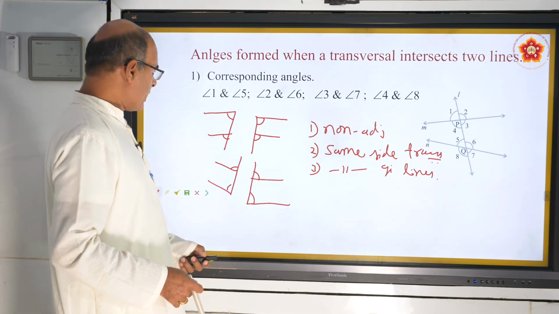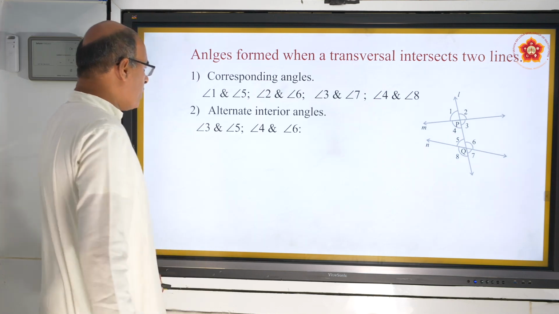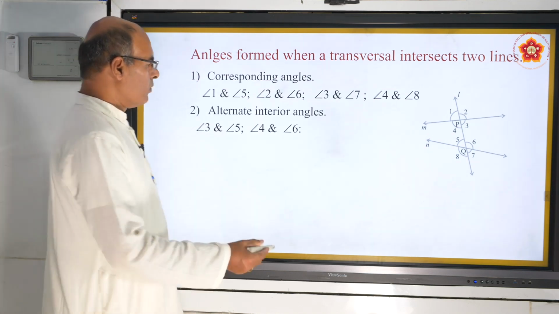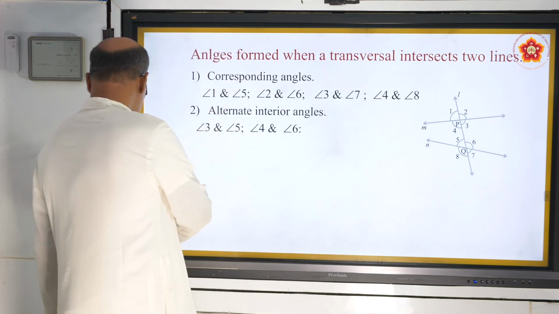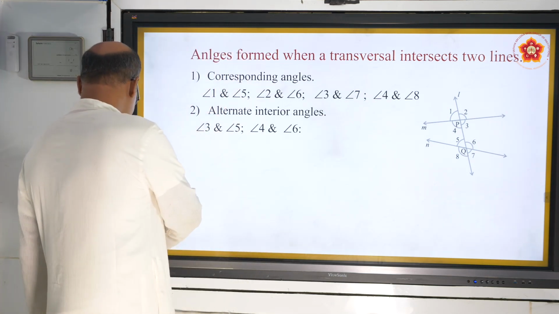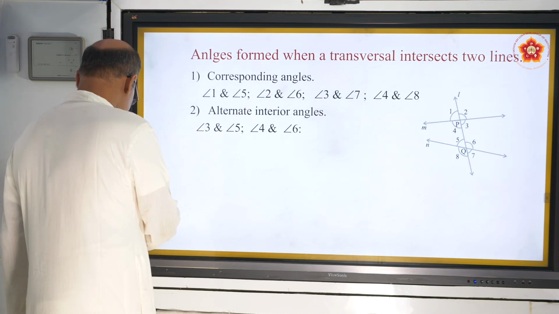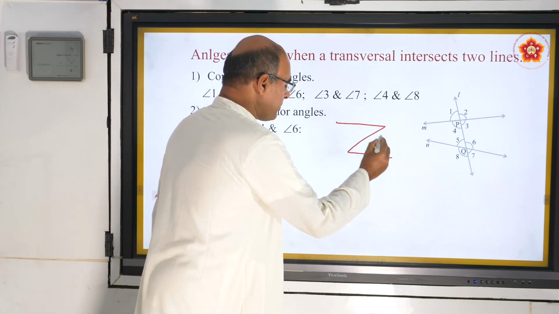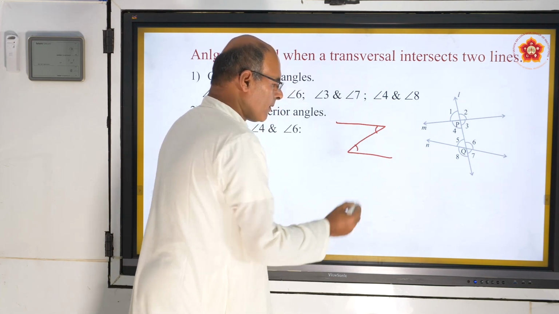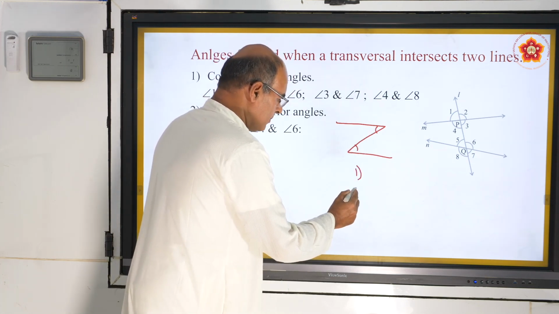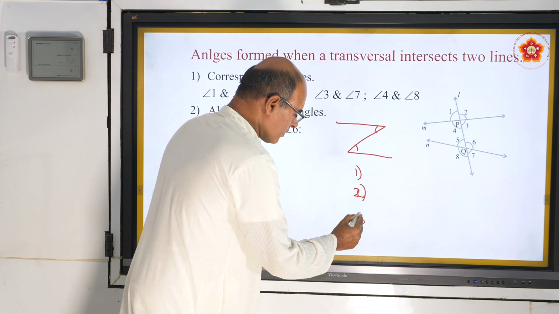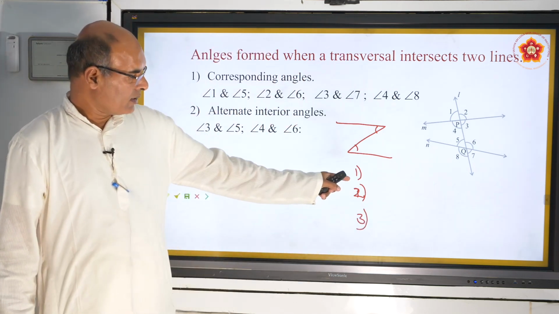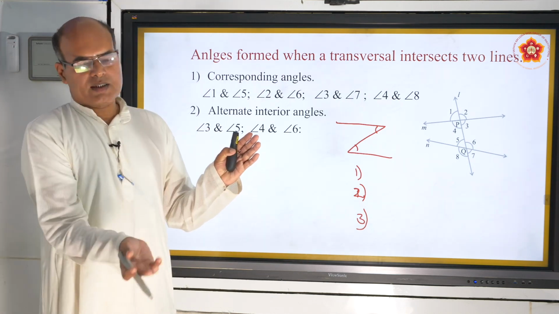Now go to another type of angles, alternate interior angles. We can compare it with the letter Z. So Z-shape angles. The three conditions: they are non-adjacent angles, they are not adjacent. They are on either side of the transversal.